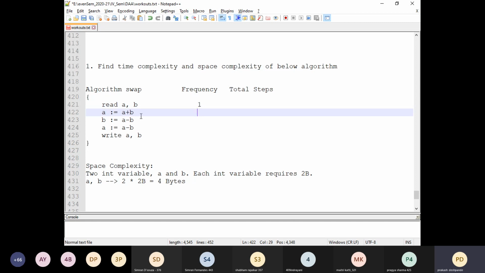So the frequency of this statement again is 1. The next statement is B is equal to A minus B. In the same way, the frequency of this statement also remains 1.